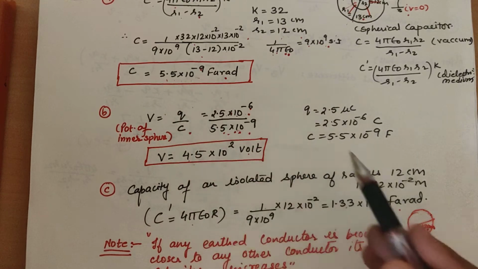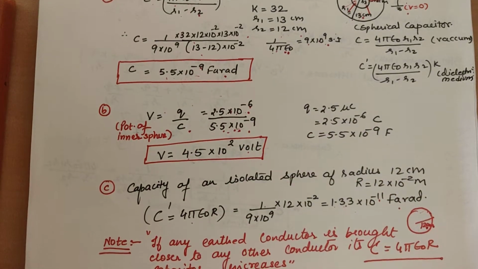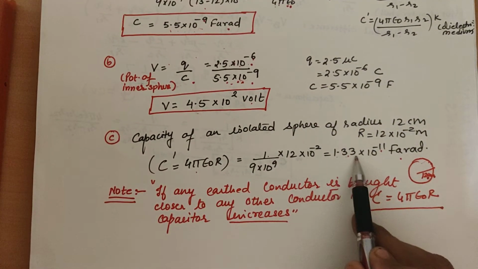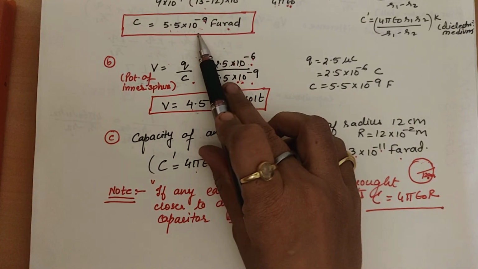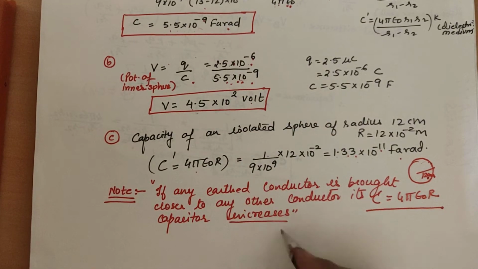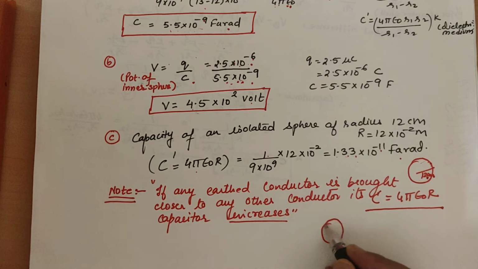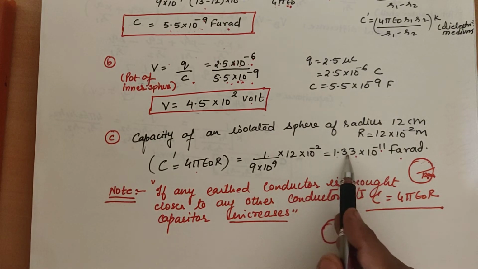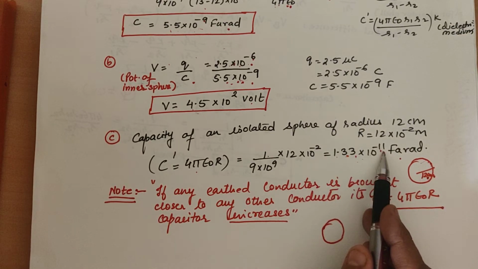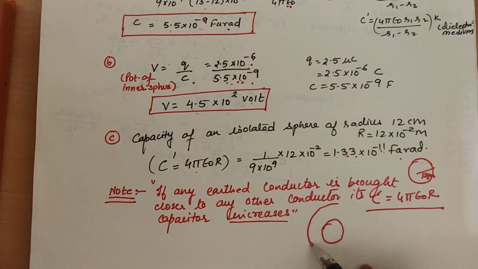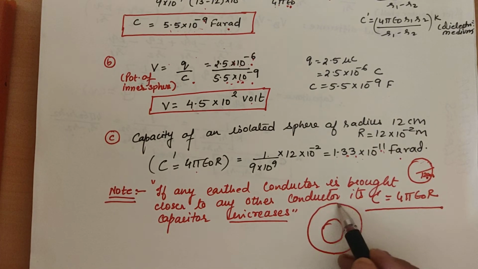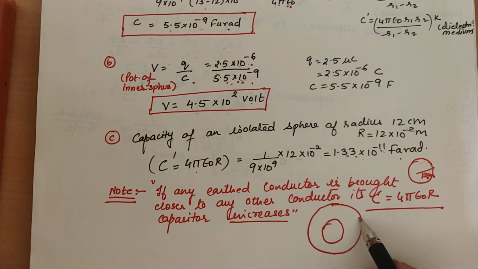We know that this is very small, but this is big. It means that its capacity is increased. When you take an isolated sphere, its capacity is only 1.33 into 10 raised to minus 11. But if I take another uncharged conductor near to it, we know that its capacity increases.